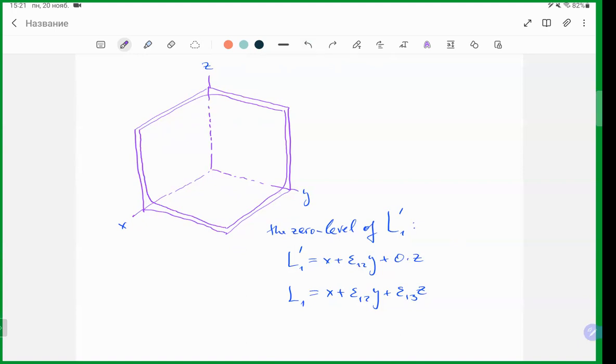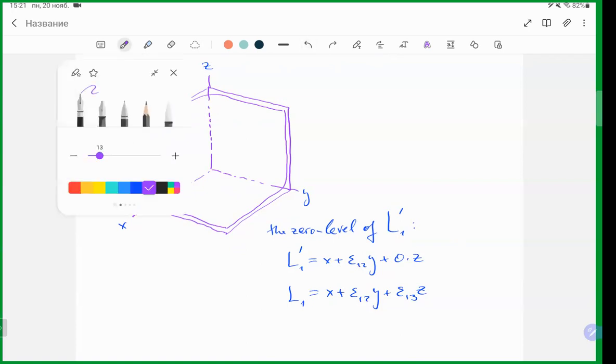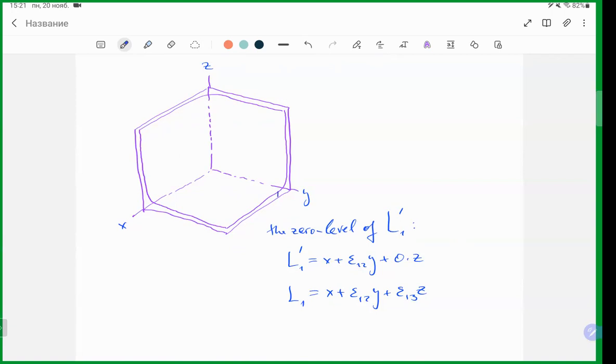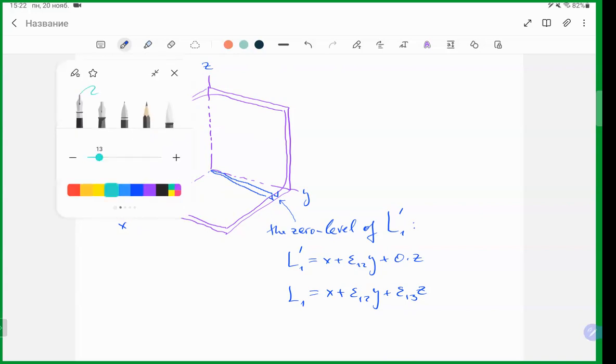So say somewhere here, in blue, I will have the 0 level of this form, like this, right? And I have something close.